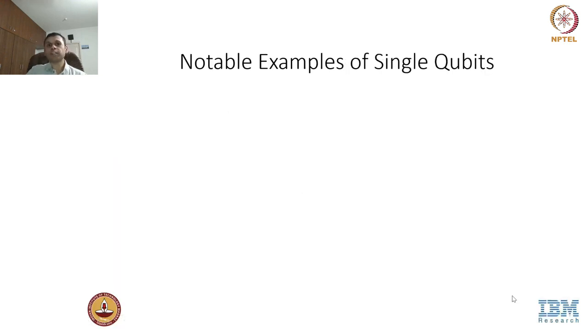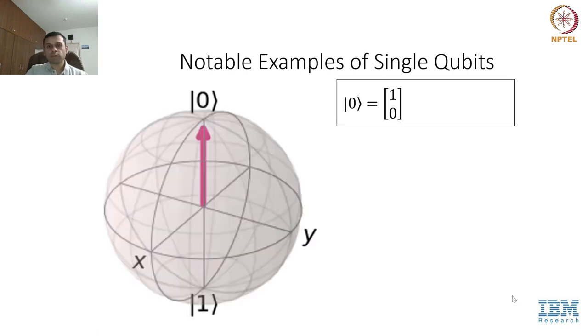Let's take some notable examples of single qubits before we close out this module. If you look at the Bloch sphere, our vector |0> is at one end of the z-axis, and we have already seen it can be represented by a single column vector. Similarly, the qubit |1> is at the other extremity of the z-axis.